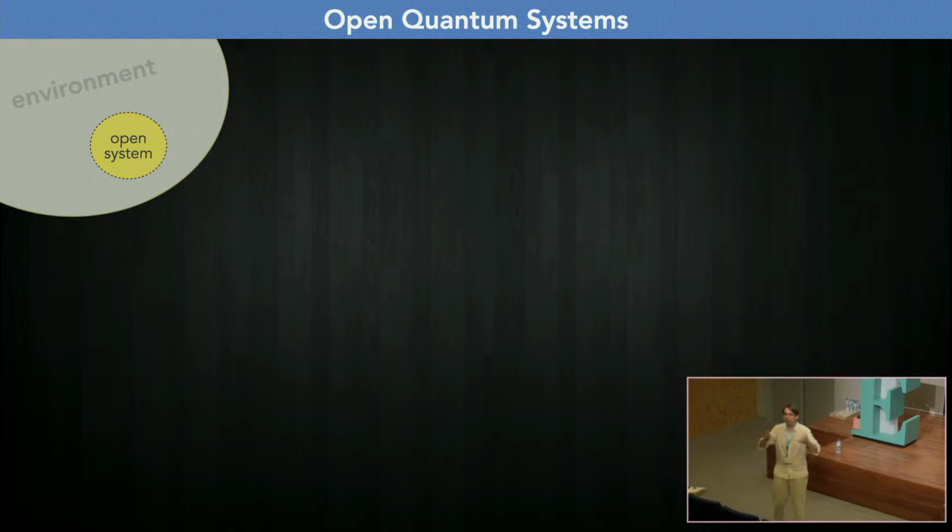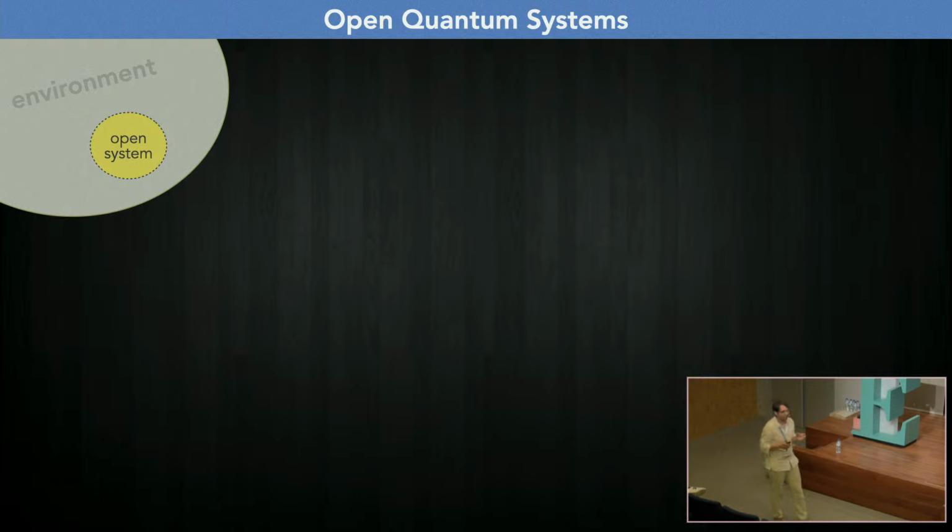This environment can be something very large, which is the situation I usually have in mind and that most people have in mind: a huge environment with infinite degrees of freedom, and a tiny system interacting with it. Then the dynamics of the open system can no longer be described just by a Hamiltonian evolution; you need to take into account the interaction with the environment. If you integrate out the environment formally, you are left with an equation of motion for the open system which is not the Schrödinger equation anymore.